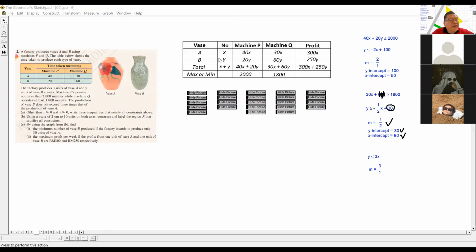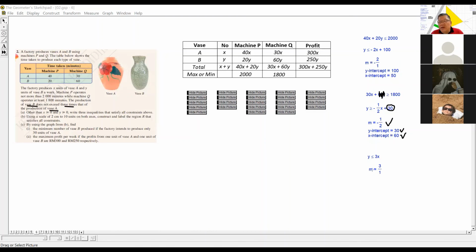The last constraint says must be 3 times. The production of vase B is Y, does not exceed 3 times the production of vase A. Vase B you replace with the Y. Vase A you replace with X. So Y less than or equal to 3X.